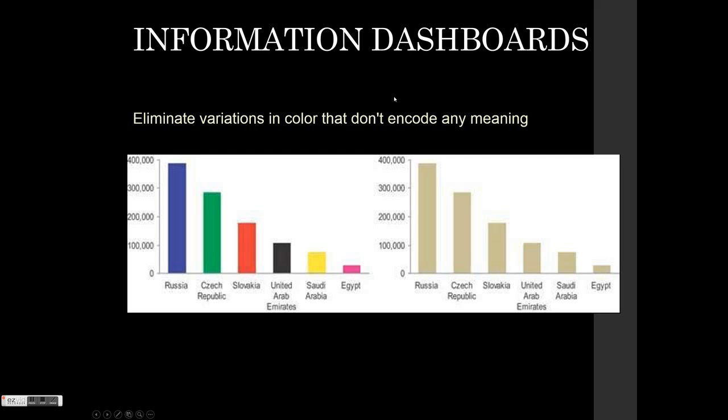Tufte says to eliminate variations in color that don't encode any meaning. In the left chart, we can see countries along the x-axis and numbers along the y-axis. We don't know what those colors in the bars mean. The same data is displayed much clearer with the solid color.